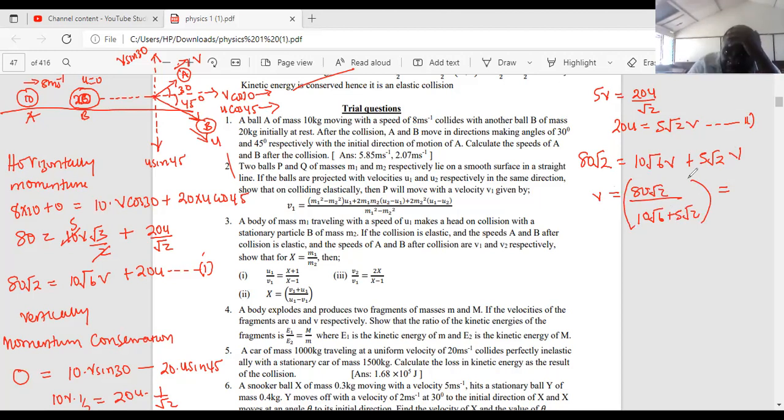But I can lose root 2 by the way here, as this is 80 over 10 root 3 plus 5. Then I simplify with a 5 to 16 over 2 root 3 plus 1. What value do you get for v?